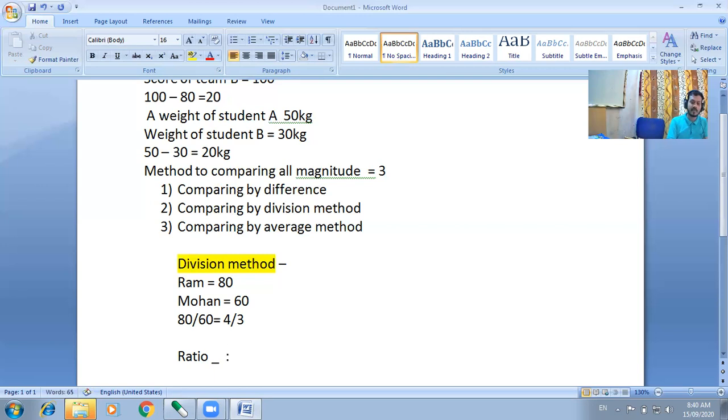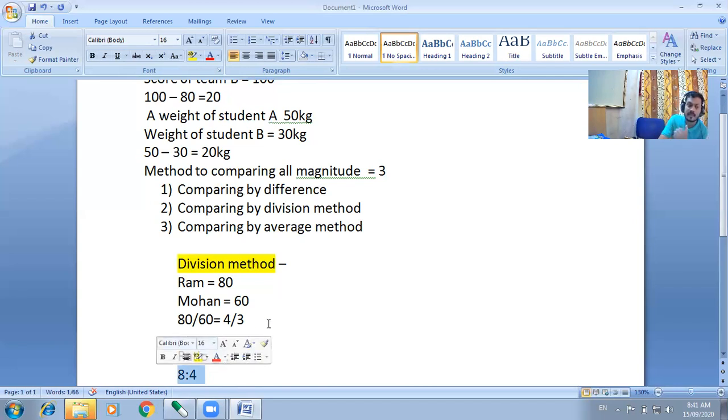Ratio is represented in this form. It may be a division form or with two dots. For example, 8 to 4. It represents that any marks or score or magnitude is 8 by 4 times more than that of another person.